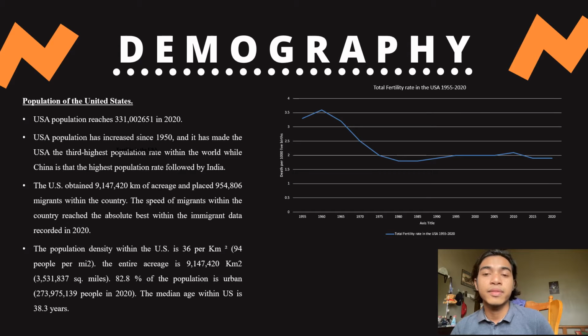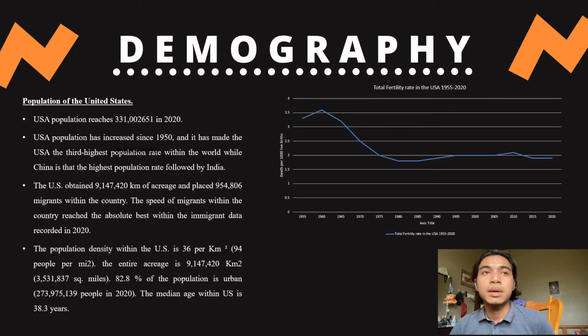Since 1955, the birth rate within the US has decreased from 2010 to 2020, and there was a significant decrease from 1960 to 1980.